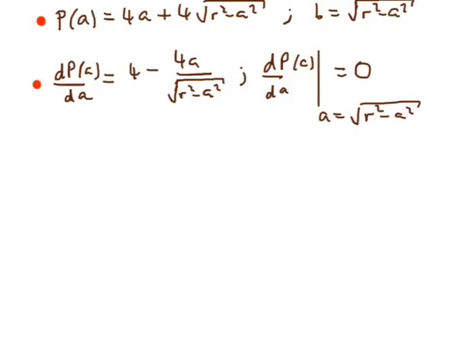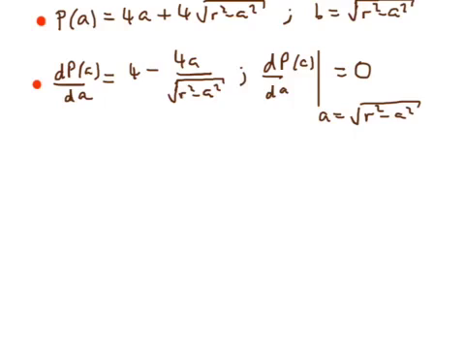So up to now what we have seen is the following. The perimeter as a function of one variable a can be written as 4a plus 4 times the square root of r squared minus a squared, where the square root of r squared minus a squared is what we call b in our original diagram. The result that we've obtained for the first derivative is this, and we have seen that the first derivative vanishes when a is equal to the square root of r squared minus a squared.